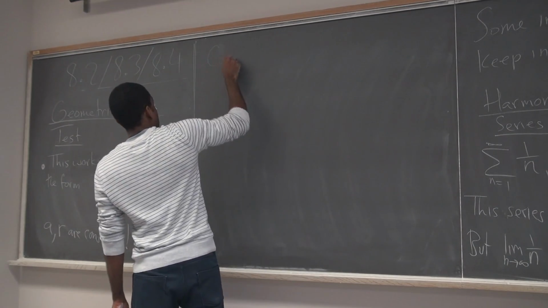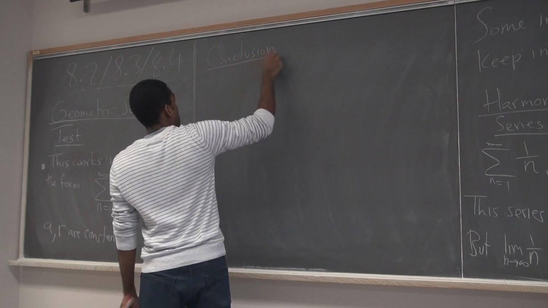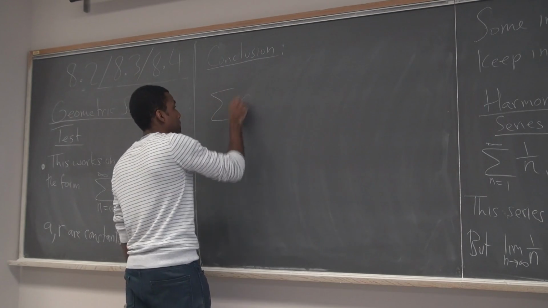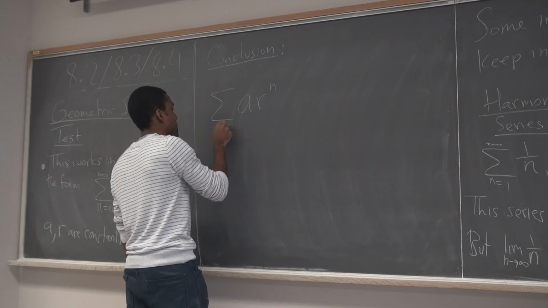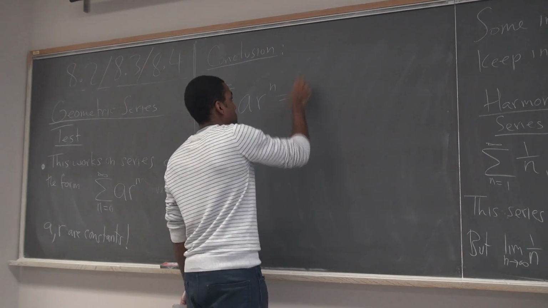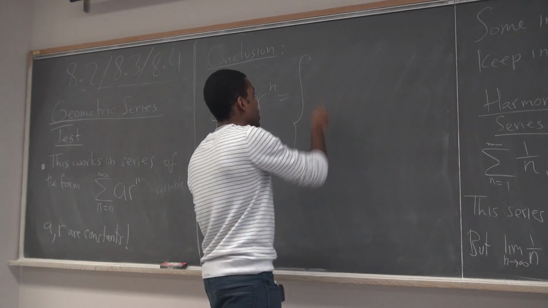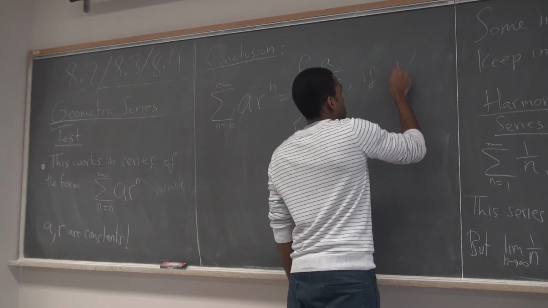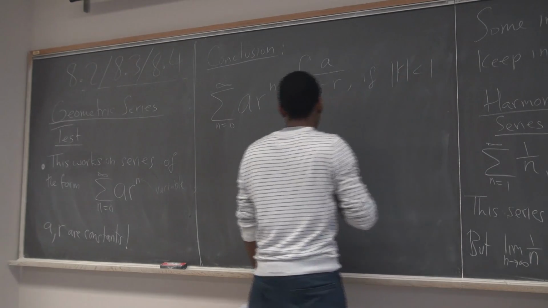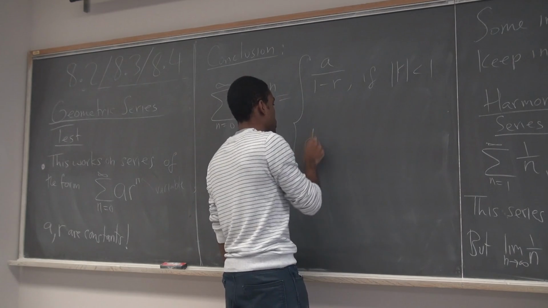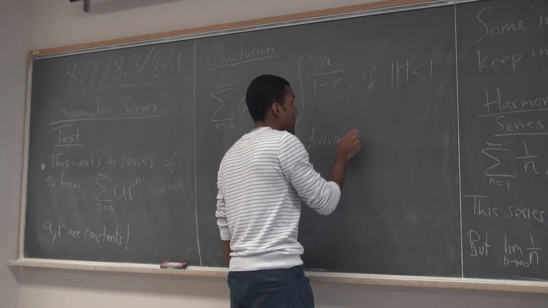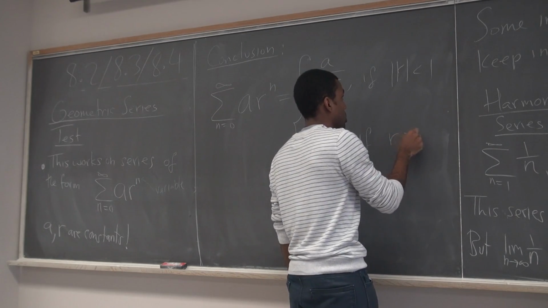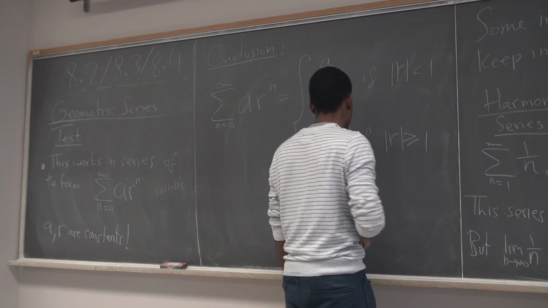So the conclusion we can make here is it's A over 1 minus R if your R is less than 1 in absolute value, and it diverges if R is greater than or equal to 1 in absolute value.